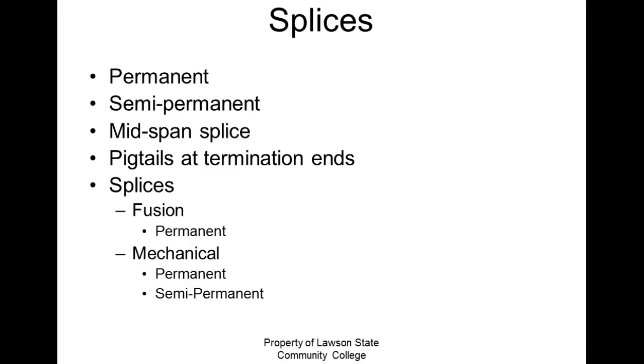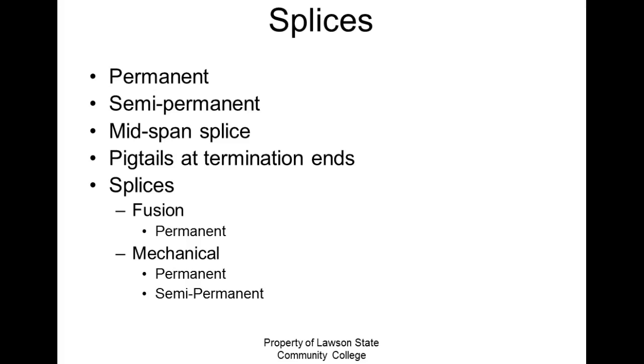We have two types of splices. We have what we call permanent. We have semi-permanent. We have mid-span splices. We'll look at pigtail at the termination end. The splices that we have are what we call fusion splicing. So we have a fusion splicer here. Ours is a single-strand fusion splicer.